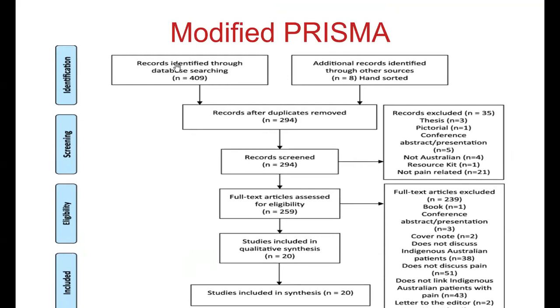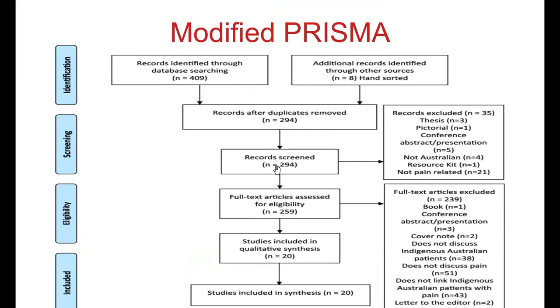For example, he was able to identify 409 articles from databases, okay? And then 8, which he searched manually. And then after removing duplicates, etc., there were 294, okay?